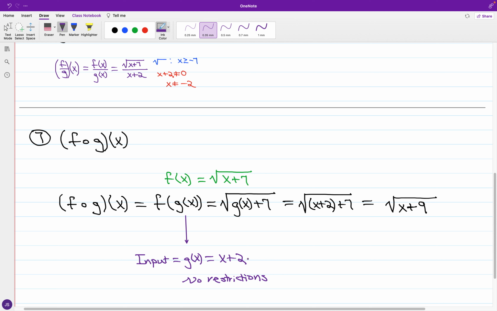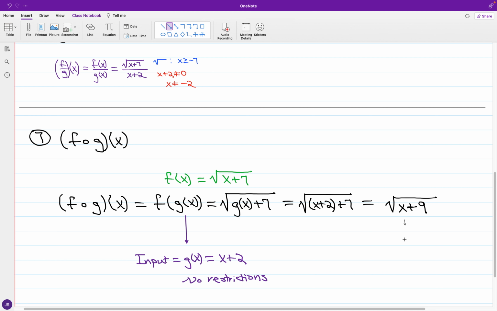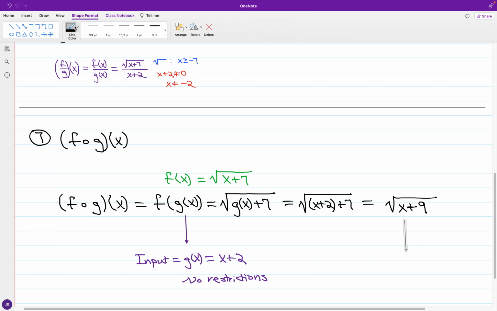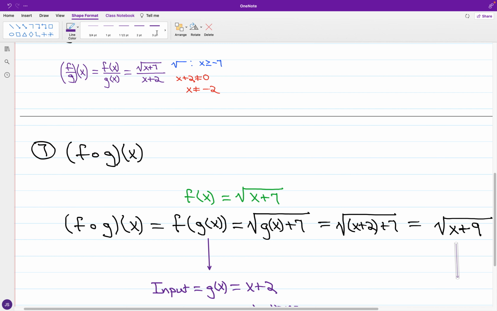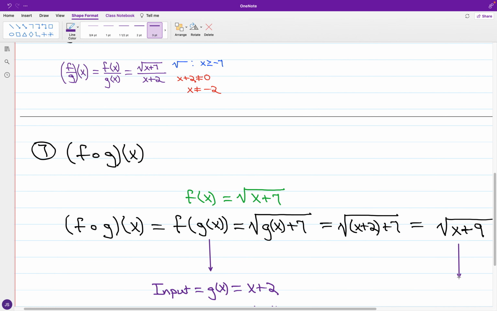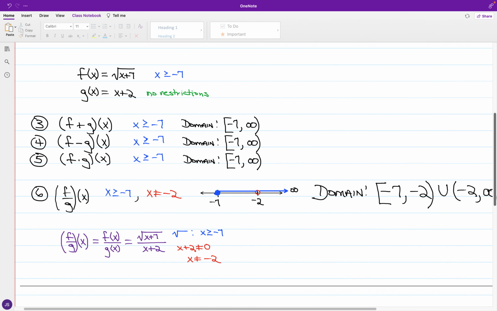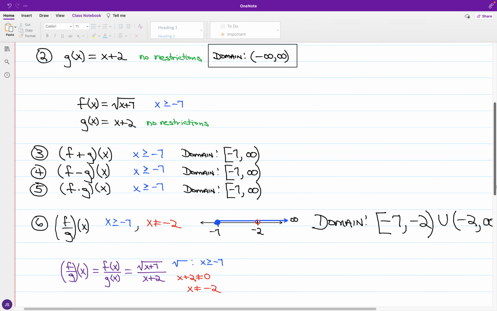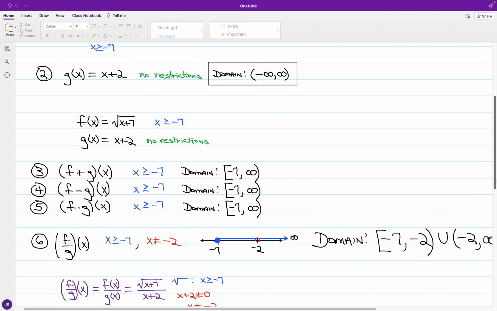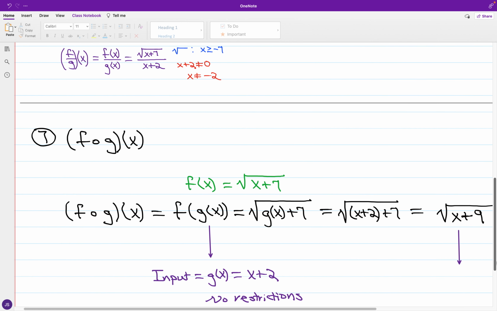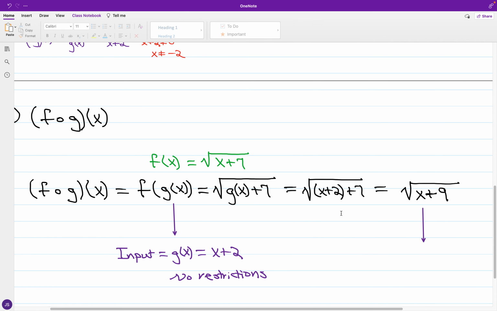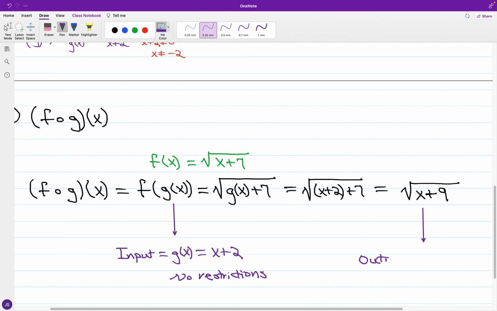Okay, again, we have no restrictions. Now for the output, notice before we had the square root of x plus 9, and notice from the prior operations there was no 9 involved in any capacity. Okay, just from the prior operations we were dealing with the involvement of 7 and the additive inverse, negative 7. Okay, but now for the output, okay, now we have x plus 9 to come along.